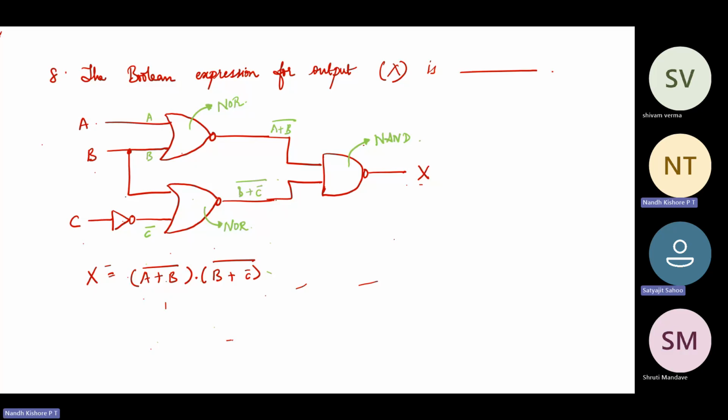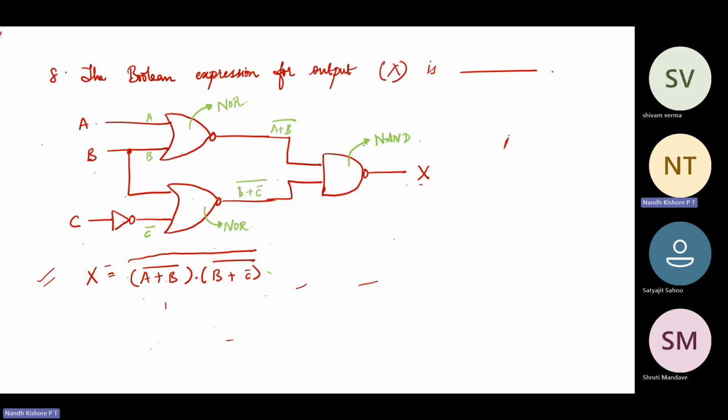Sir, another bar over the two? Yeah, correct. Total bar. Yes. Fine. This is the answer. You can simplify it, but the options given in the question are not asking you to simplify, just the expression alone is enough. You can go ahead and simplify applying rules.